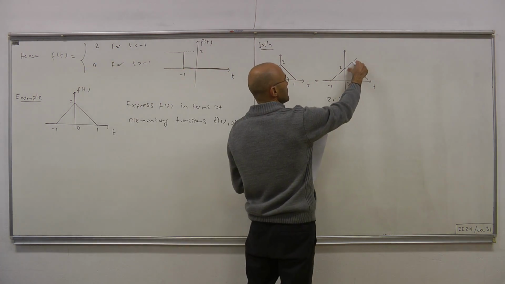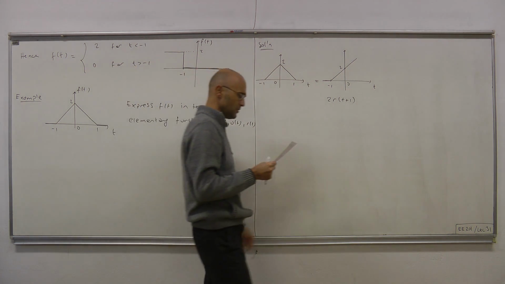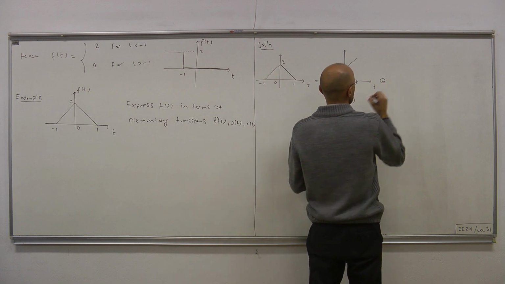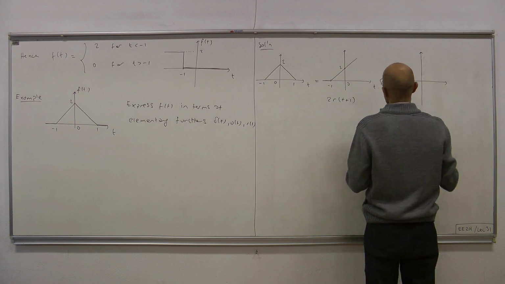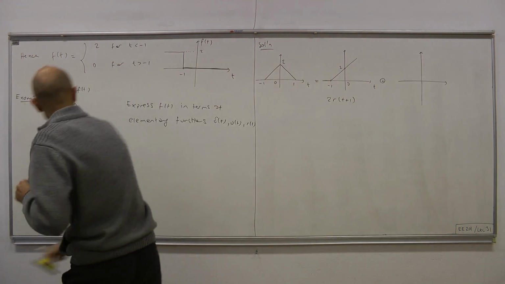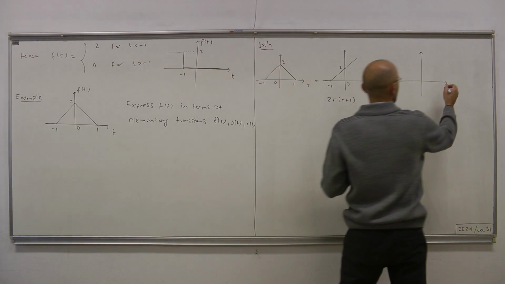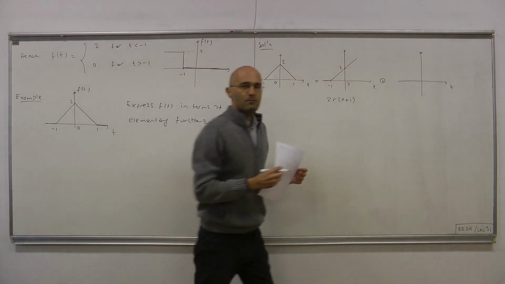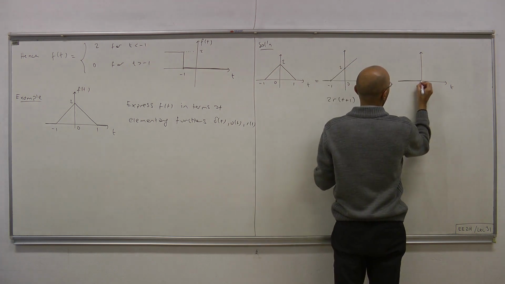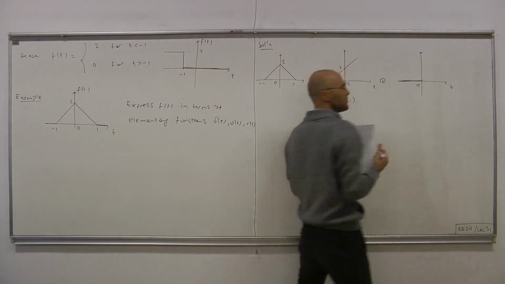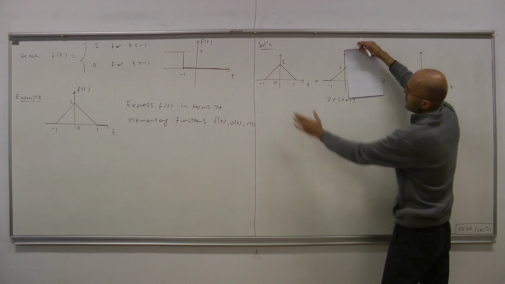Then we have to take care of the part when t becomes larger than 0. For that, whatever this function is, it has to be 0 until t equals 0, because we have no problem with the representation until t equals 0.